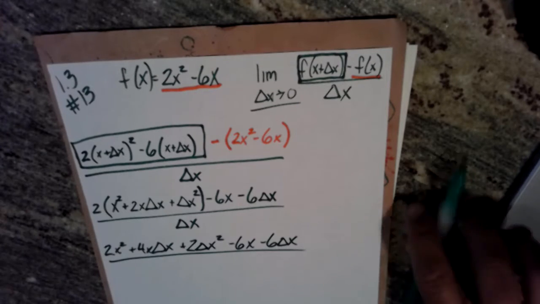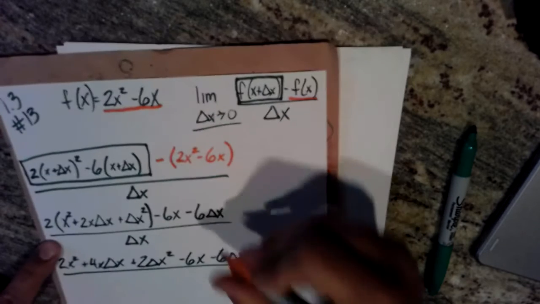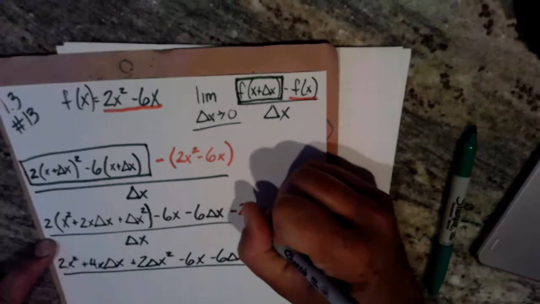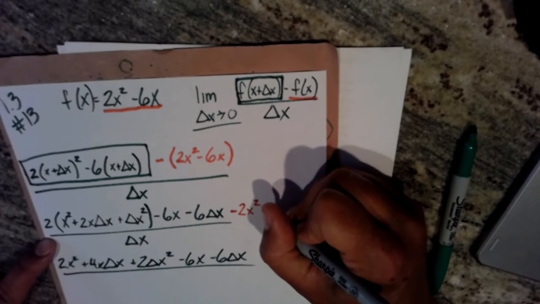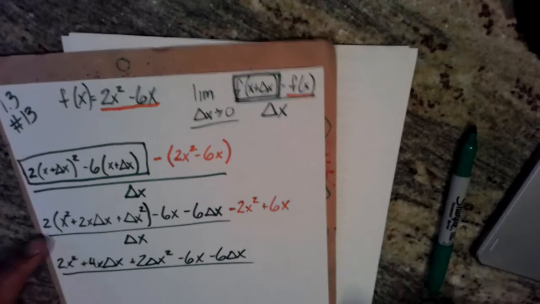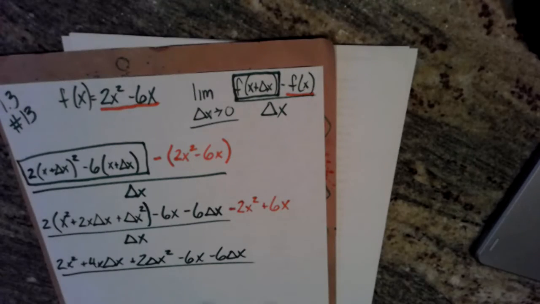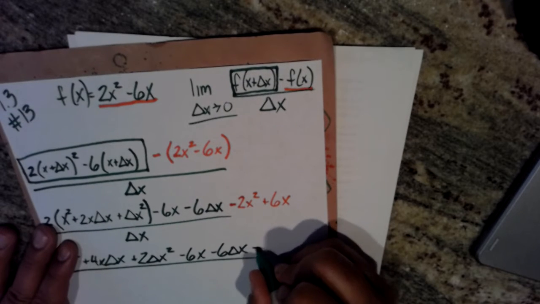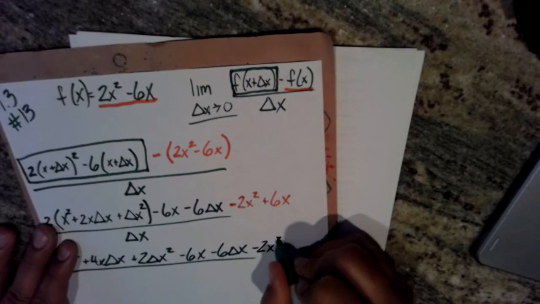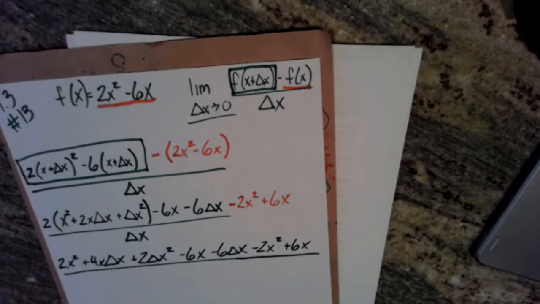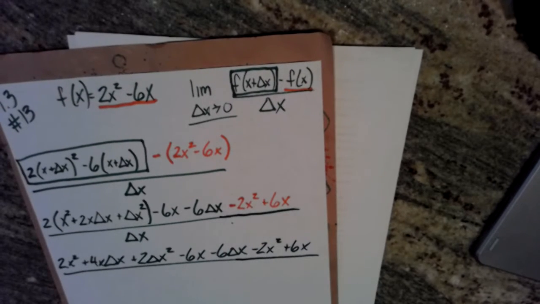Oh shoot! I forgot about my green. So my orange, minus 2x squared and then plus 6x on top. Now I'll get to the point where we just write all these in the same color. So minus 2x squared plus 6x. This is why I shouldn't have changed colors in the first place, but I'm just trying to help you out.